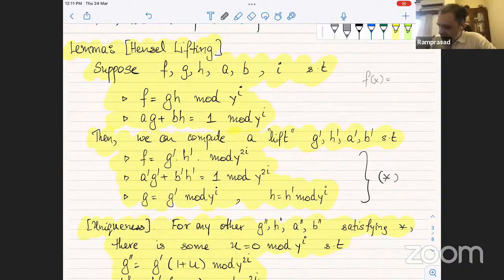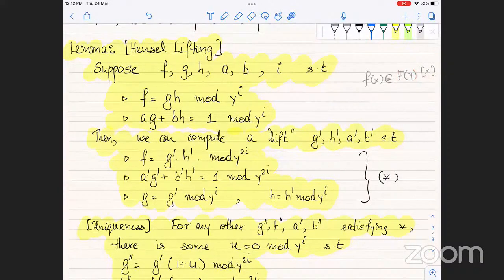One second. So you're saying that I want to think of f of x as something in F(y)[x], in the sense that it's univariate in x whose coefficients are these rational polynomials. Yes. Okay. And I can make it monic there. Then I use this lemma and try to somehow get it back.